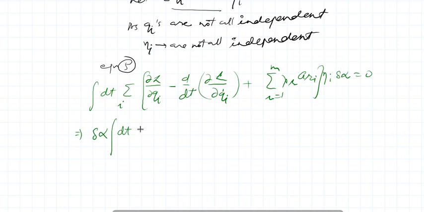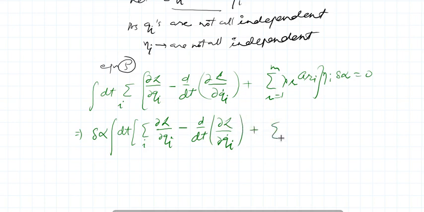It's integral dt and summation over i, ∂L/∂q_i minus d/dt ∂L/∂q̇_i, plus summation r varies from 1 to m of λ_r a_ri, and it is η_i, must be equal to 0. And let us call this equation number 6.